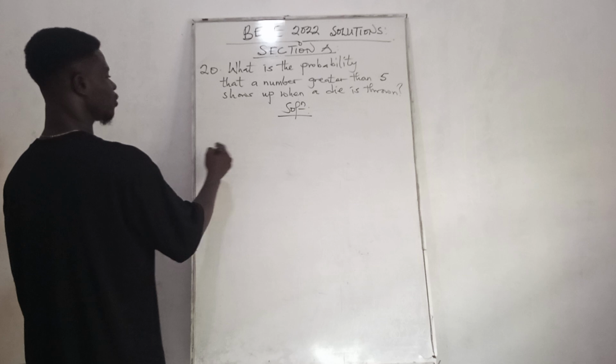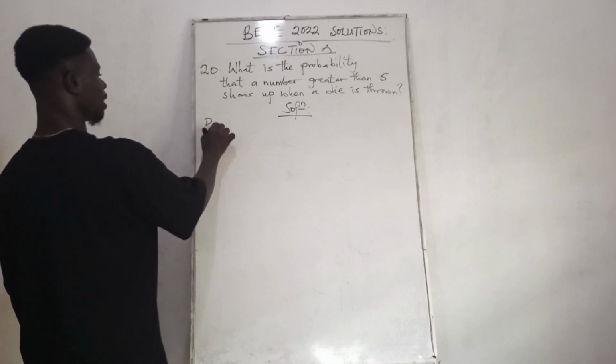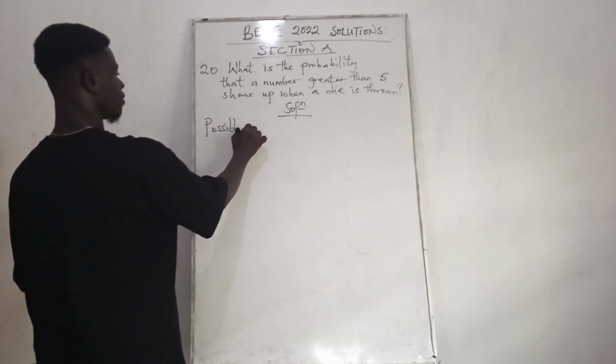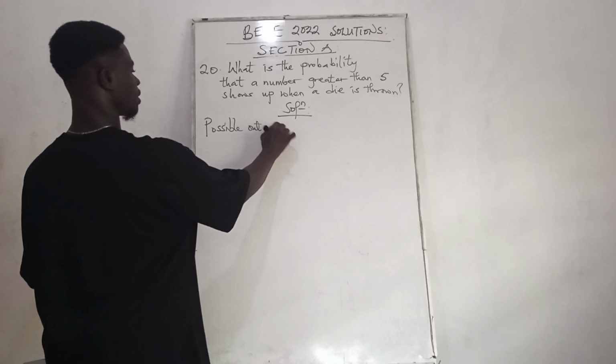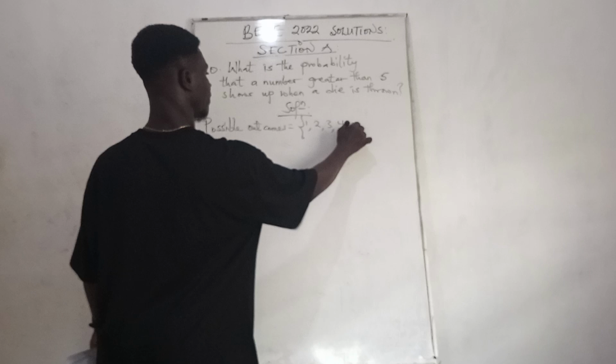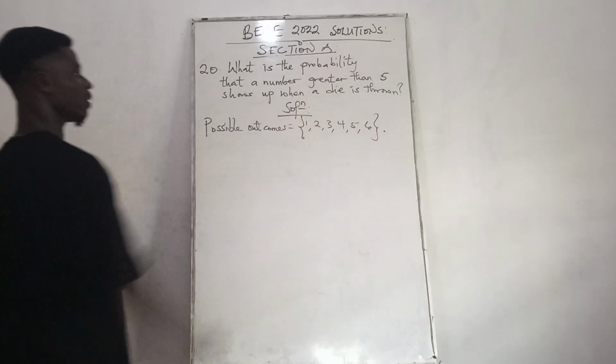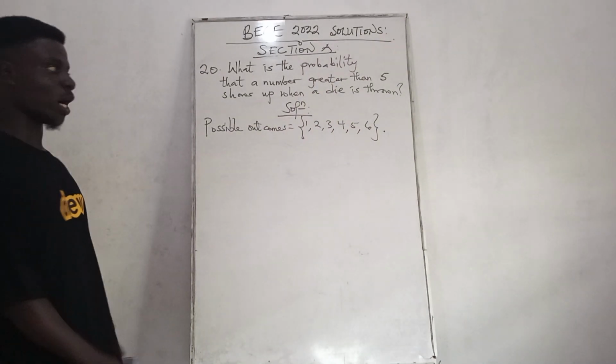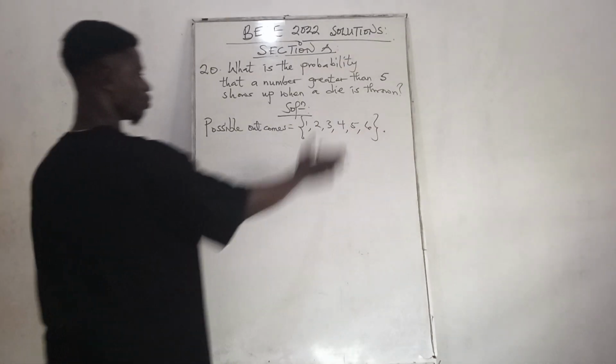When a die is thrown, the possible outcomes are 1, 2, 3, 4, 5, then 6. This time around, the die is thrown only once. So we are getting these possible outcomes.